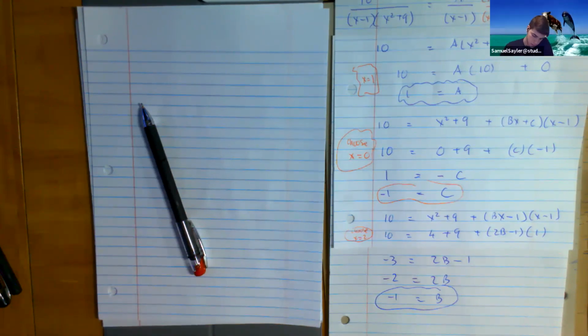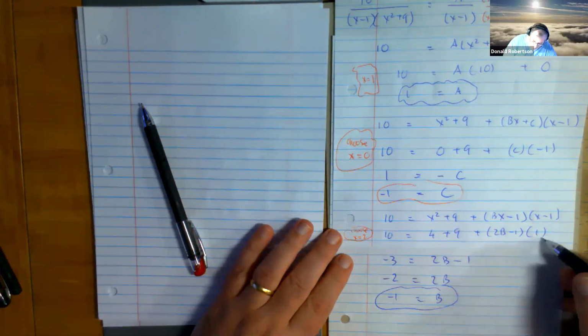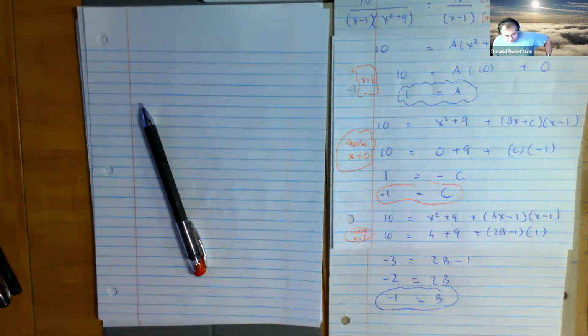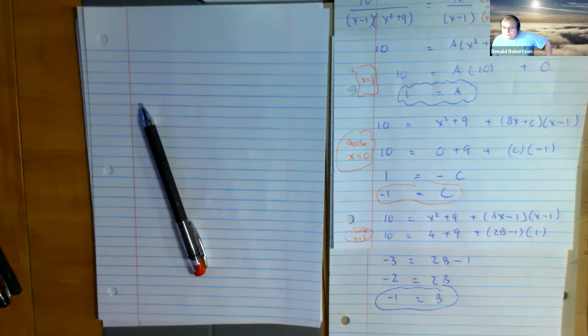Let me look. Let me check. It could be me. It could be me. Nope. Okay. 4, 1 minus that 12. Okay, let's see.